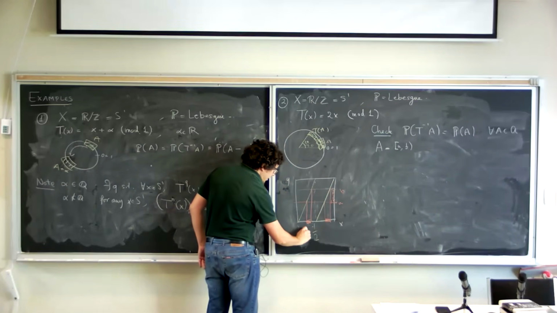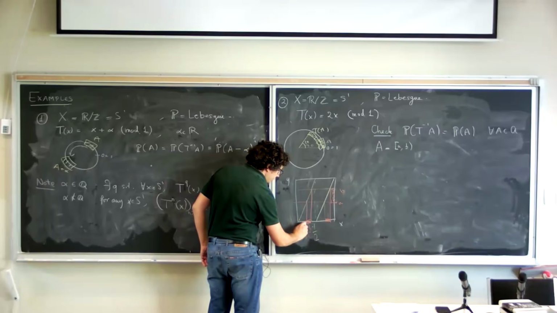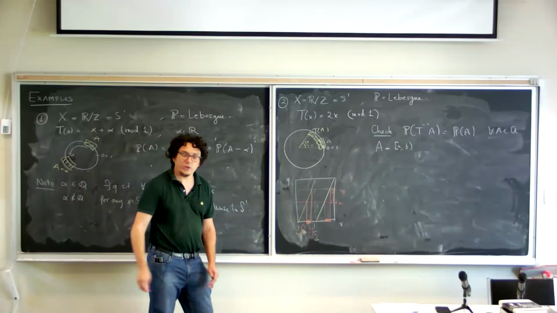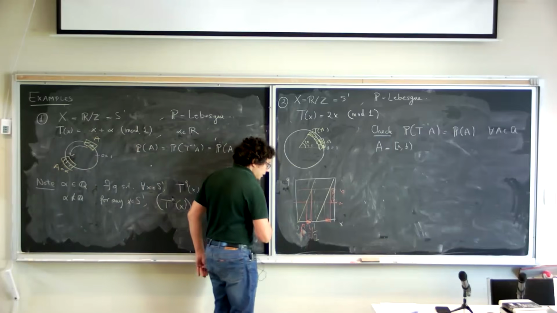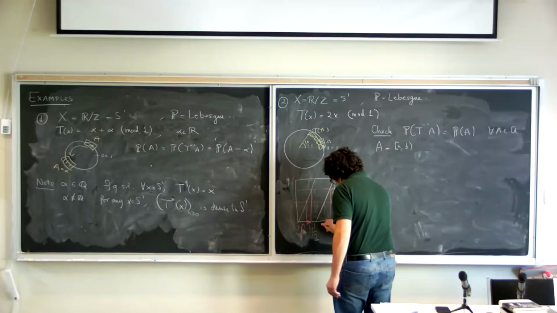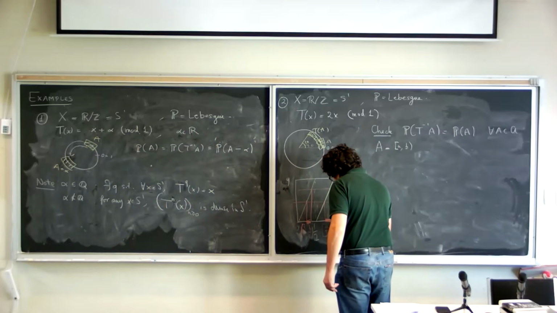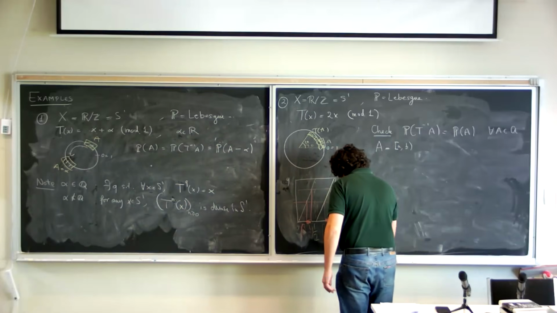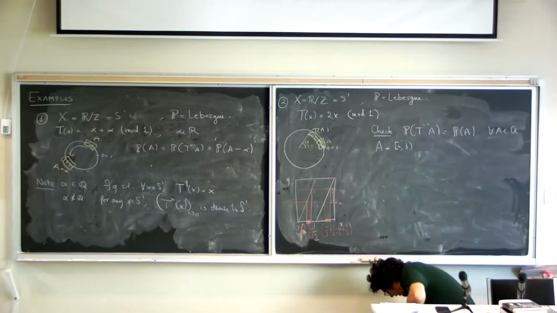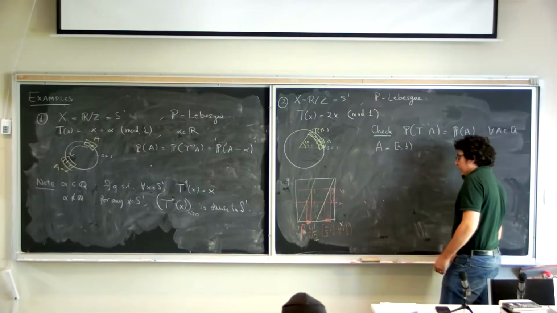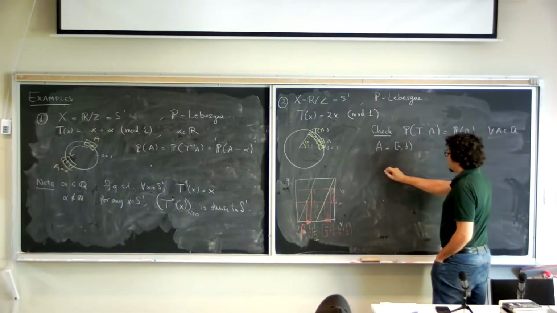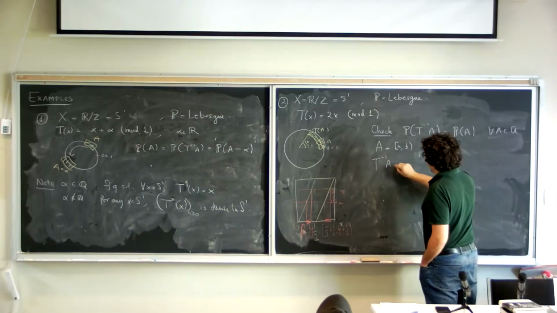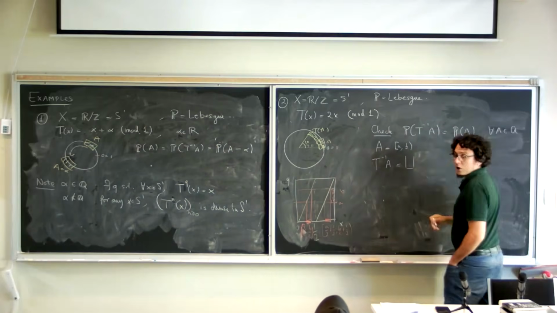So this is A over 2, B over 2. This is one of them, maybe closed again. And the other one is A over 2 plus 1/2, and B over 2 plus 1/2. And so this is easier. It is clear that T inverse of A is the union of 2 things.